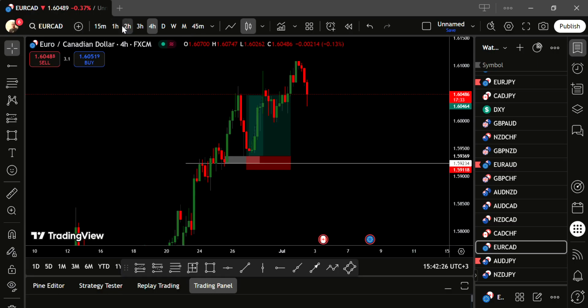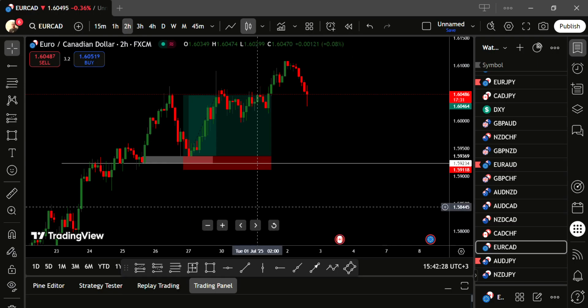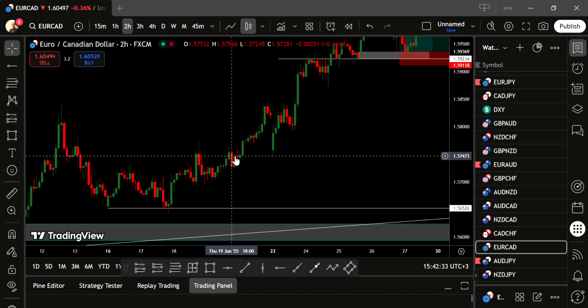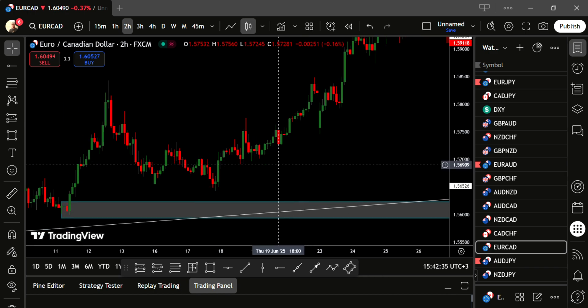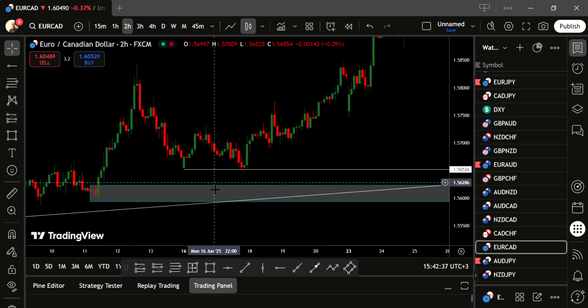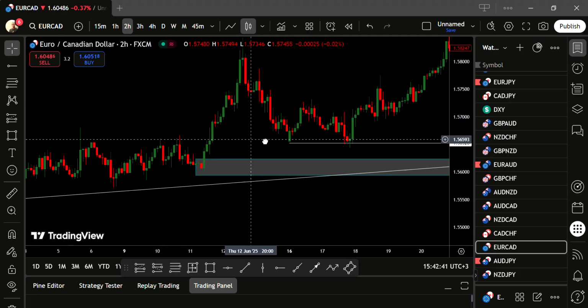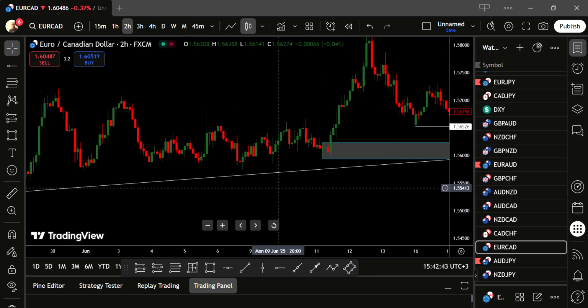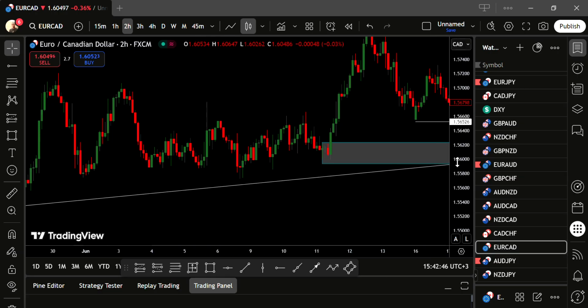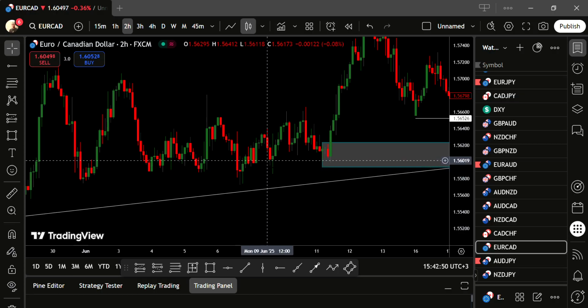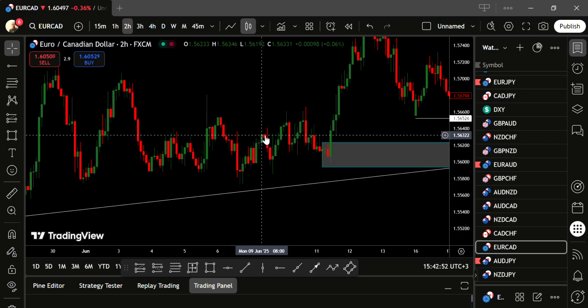Let me go to the 2 hours time frame, and we look at the same Euro card. We see whether there's one here, but that one is not clear. I want one which is clear. This is the 2 hours time frame. There is this one: drop, base, rally, breaking this structure here.